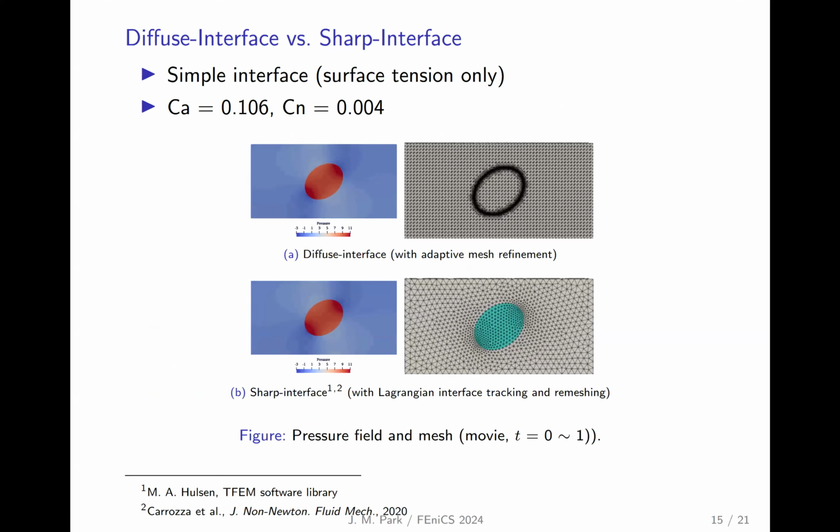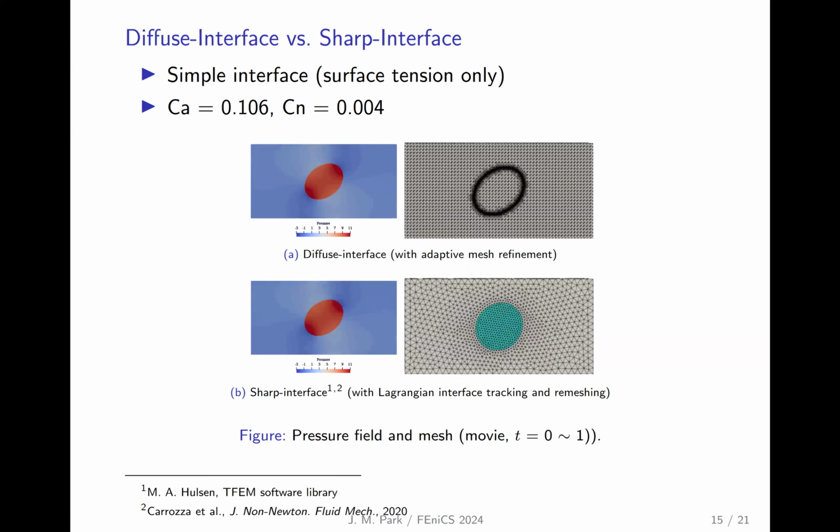And these are the result comparison between the diffuse interface on the upper figures, and the lower is the sharp interface model. The sharp interface result is not from FEniCS, but I use the TFM software library developed by Martin Hulsen from TU Eindhoven.